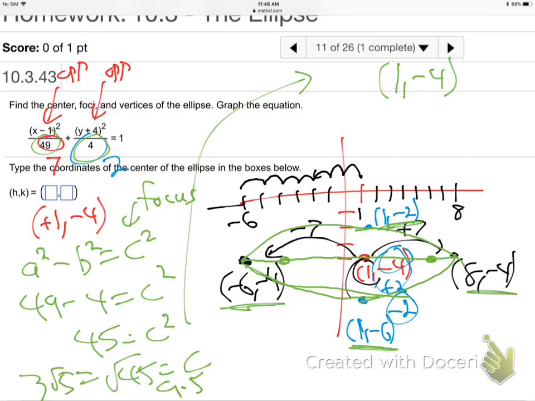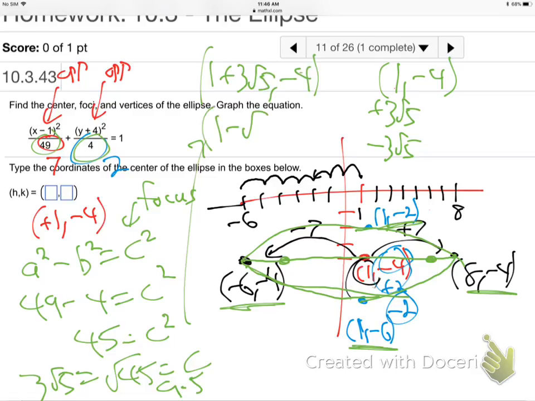So 3 root 5, I add 3 root 5 and subtract 3 root 5 from the x coordinate, because it's right, left, right? The focus points are right and left. So the two focus points then are 1 plus 3 root 5, comma, negative 4, and 1 minus 3 root 5, comma, negative 4. There they are.